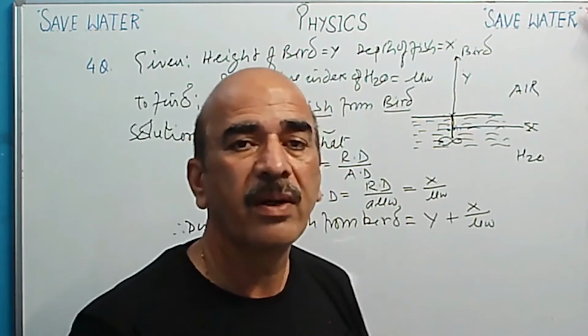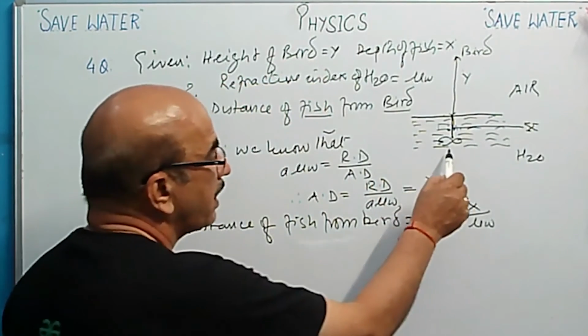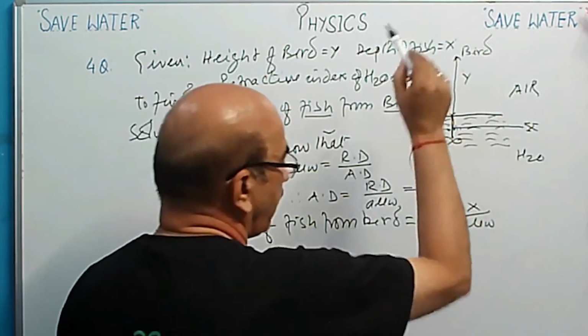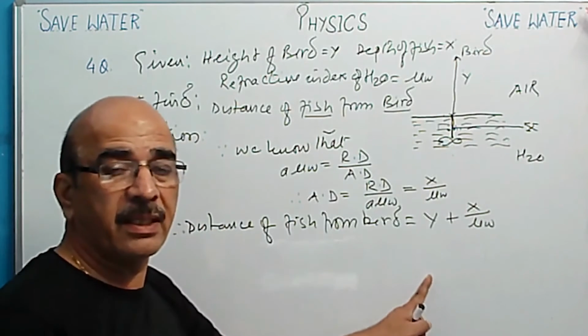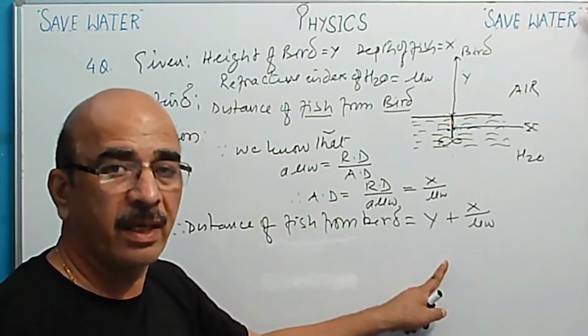Okay. Now next question. Here you can see the fish is in the denser medium. So this is our denser medium, and this is the rarer medium. So this formula is used when the object is in the denser medium and the observer is in the rarer medium.